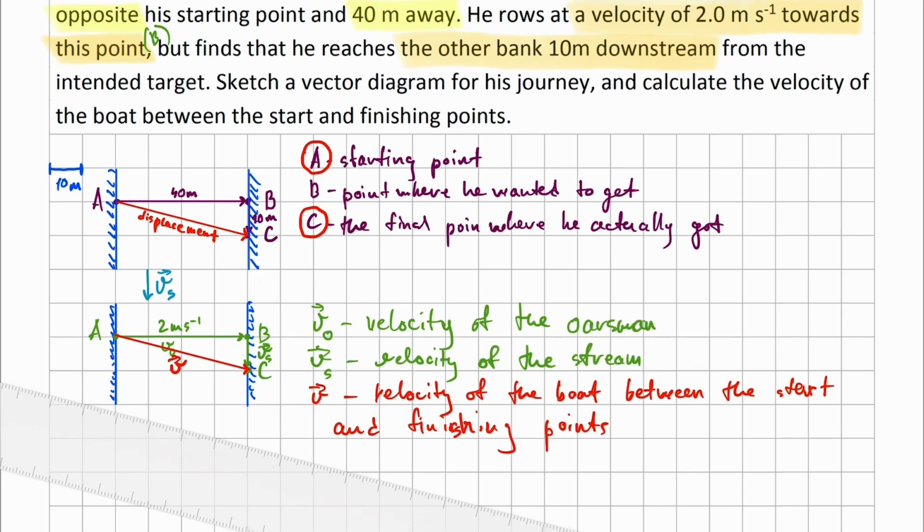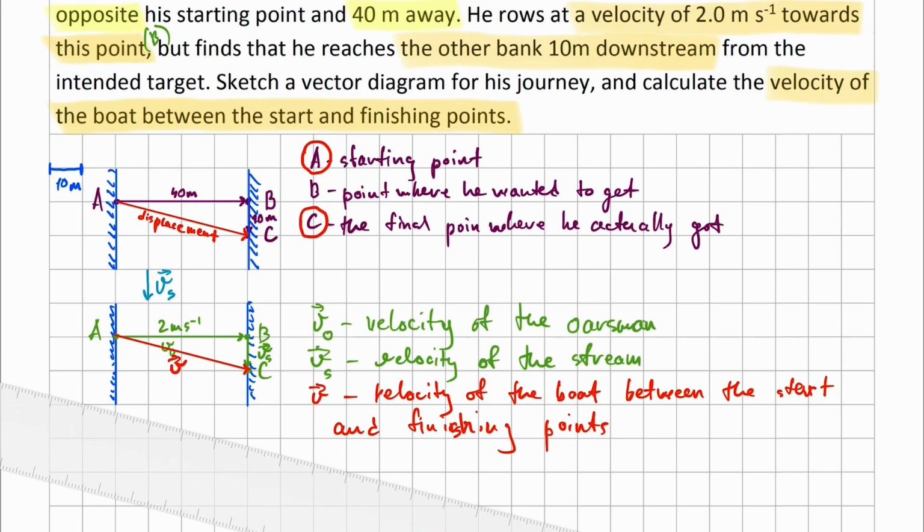Okay, so in the problem actually we have a hint that 2 meters per second is not that velocity that we are trying to find, because at first it jumps right out at you, because they say that he rowed at a velocity of 2 meters per second.